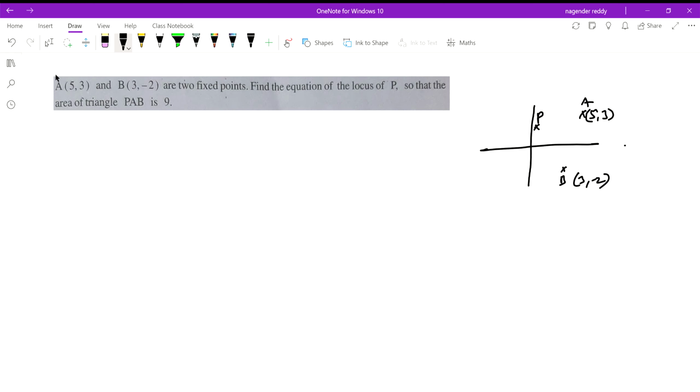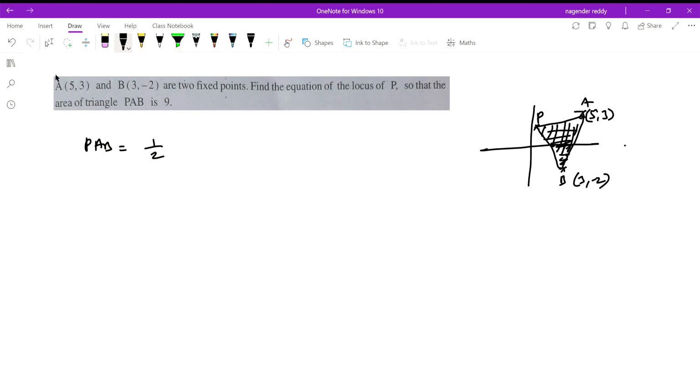The area formed by these 3 points is 9, as given. That is triangle PAB. Now, what is the area of PAB?